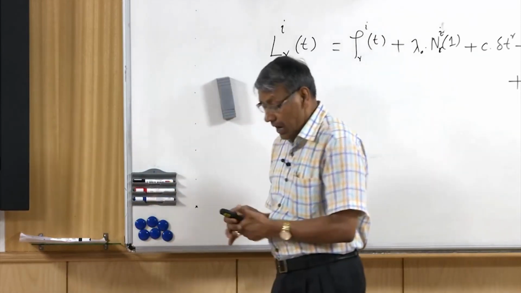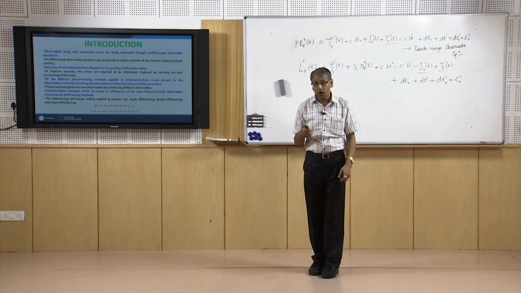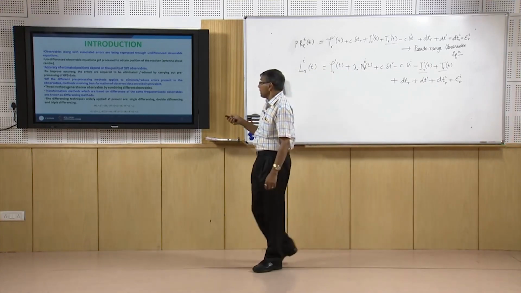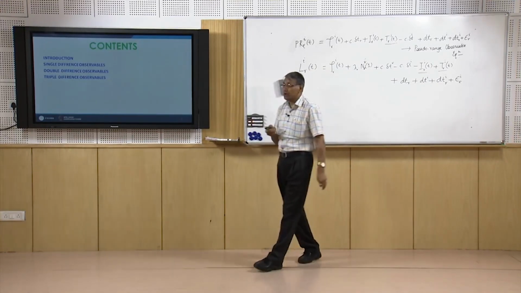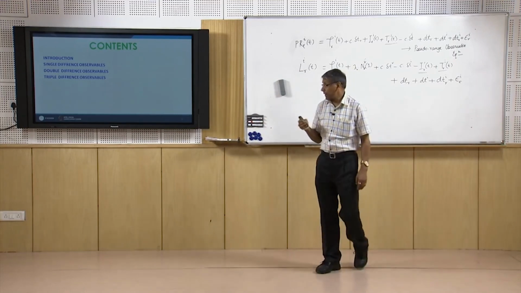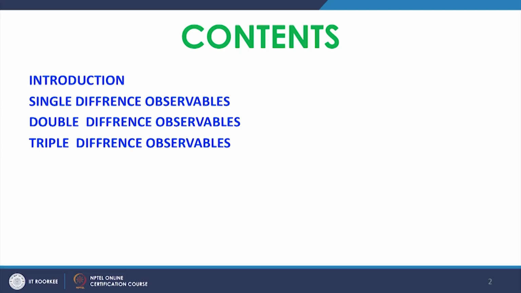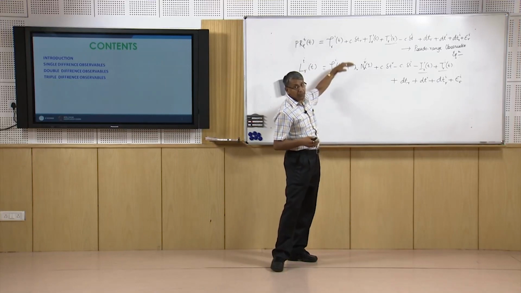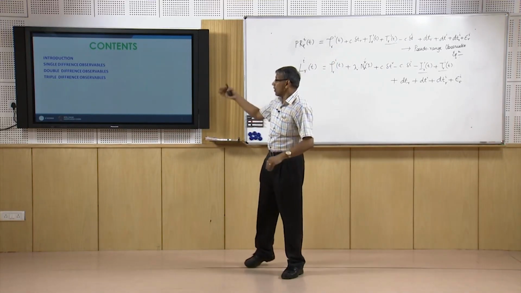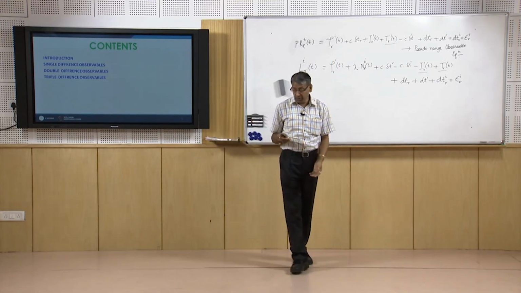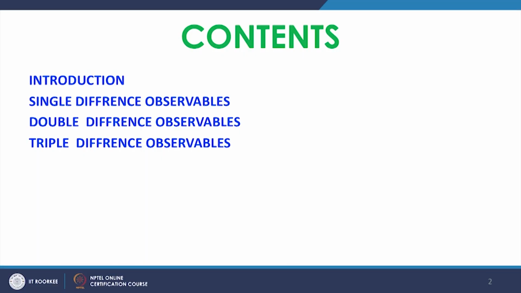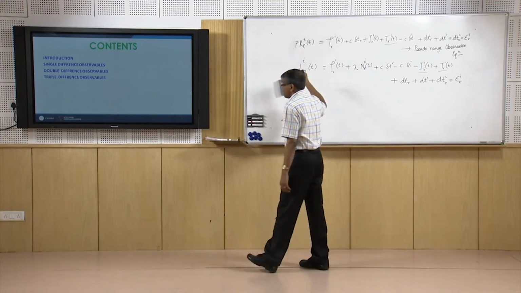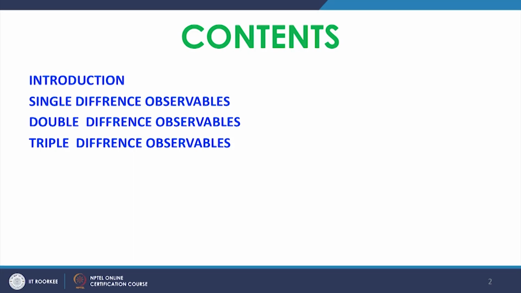So today I will discuss differencing. Today's class will contain three topics: single difference observables, double difference observables, and triple difference observables. That means from these undifferenced observables we will go to a new type of observables called single difference observables.